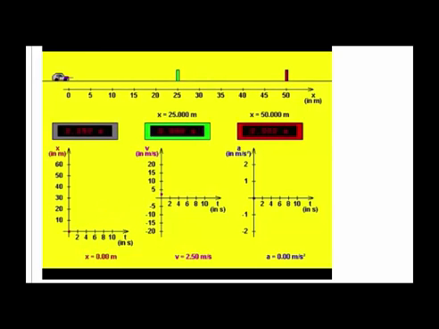Reset it. Let's go for the seventh trial. Stop it. Take your measurements.